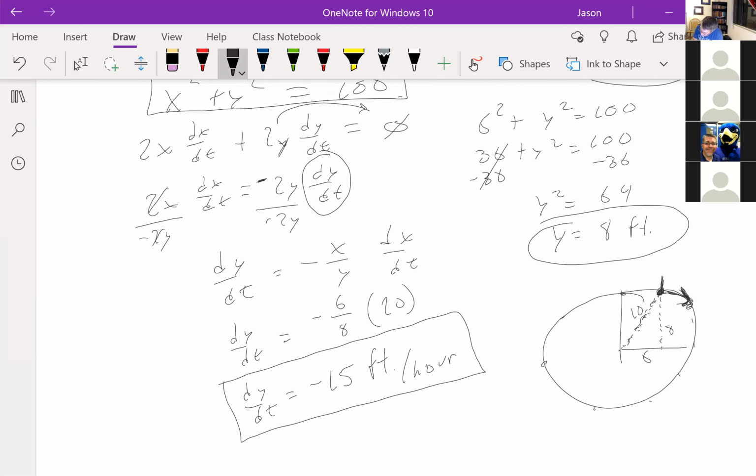The x would be going out, but the y would be going down. As the x increases, the y decreases. That's why this is a negative amount if we're restricted to that circle. As the x's go over, the y's go down. As the x's go negative, the y's go up.